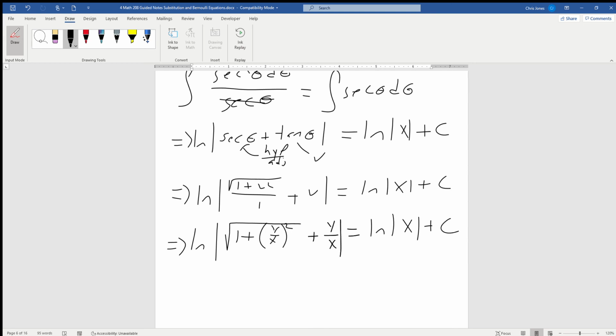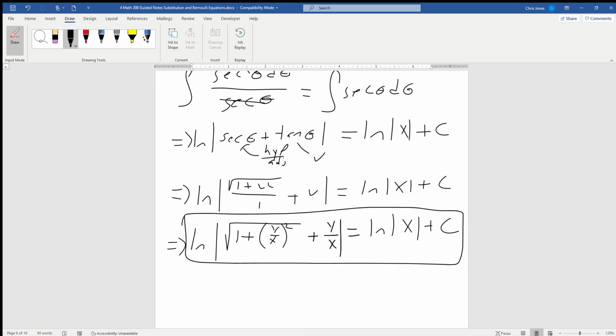And if you wanted to, you could subtract ln from both sides. You could probably use that log rule where you could divide them both and clean up the answer a little bit that way. However, this is a pretty good answer implicitly as our general solution.